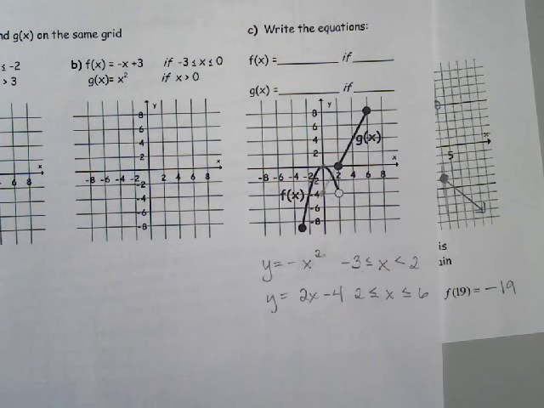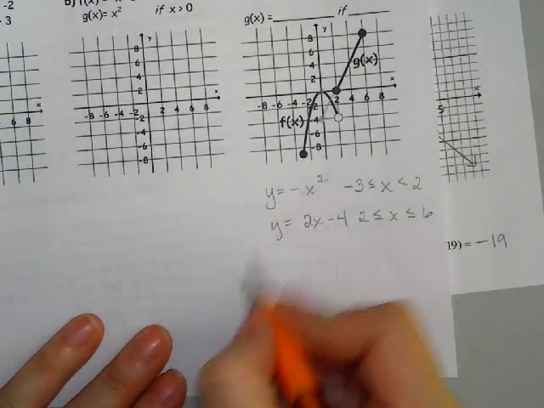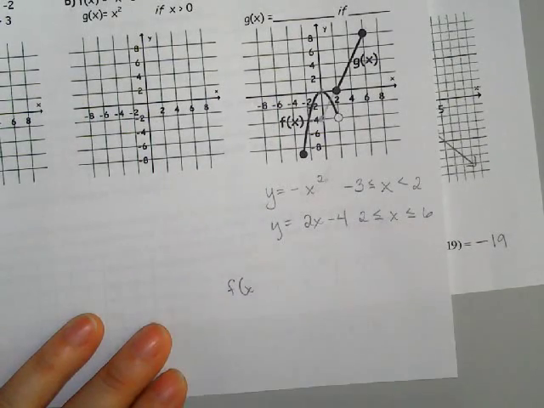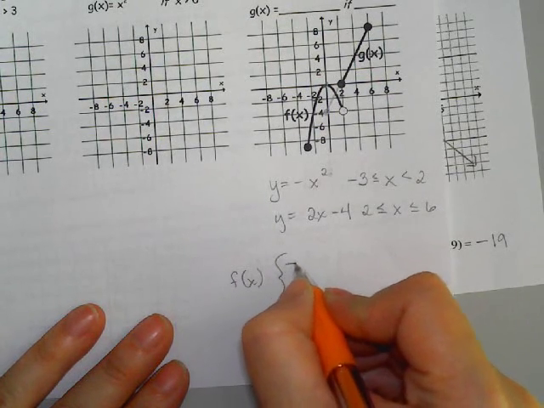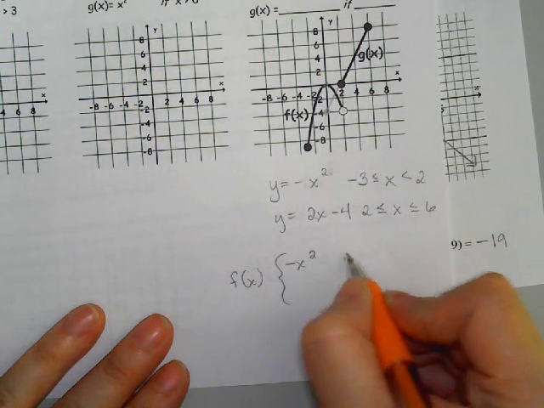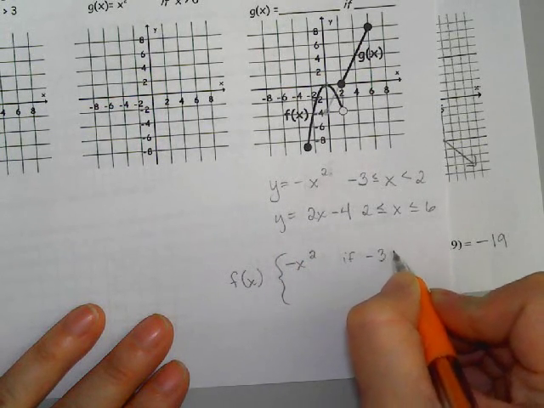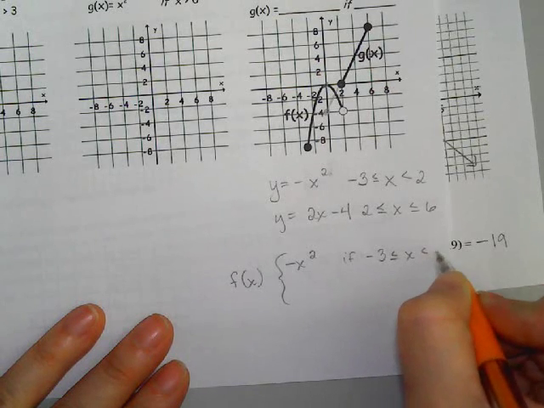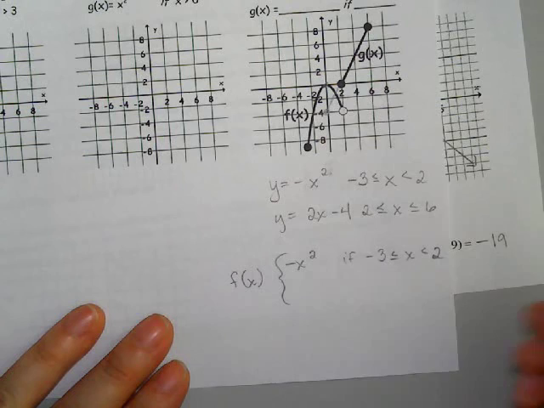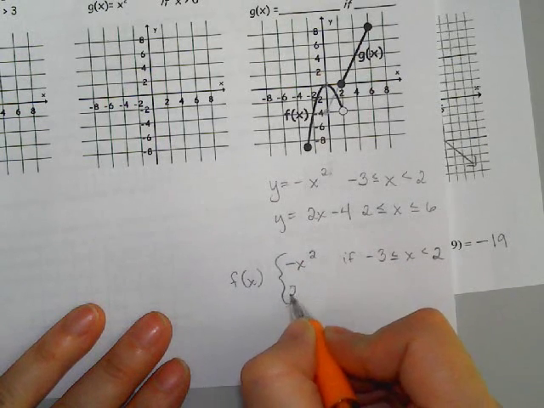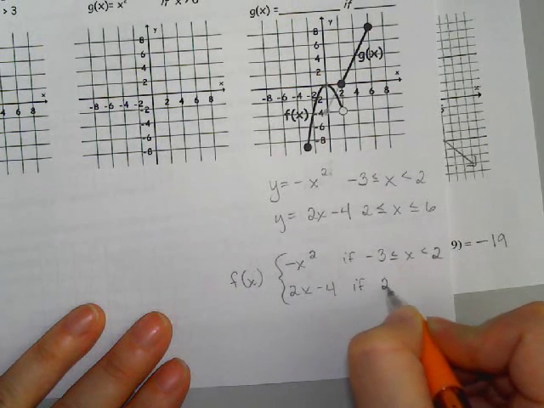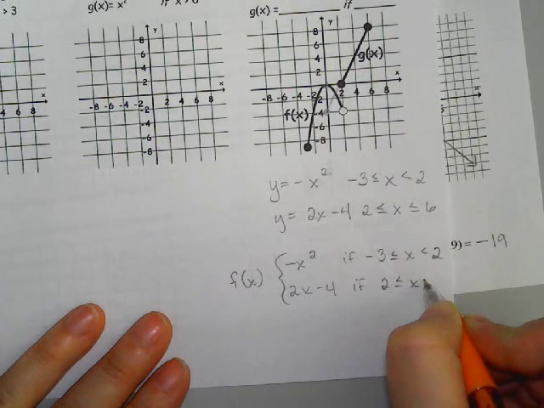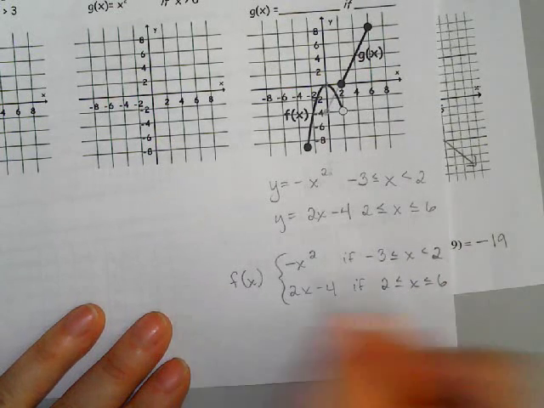Okay, so how we're actually going to write this is f of x in our little bracket, negative x squared if x is between negative 3 and 2, 2 not included, and then 2x minus 4 if x is between 2 and positive 6, both included.